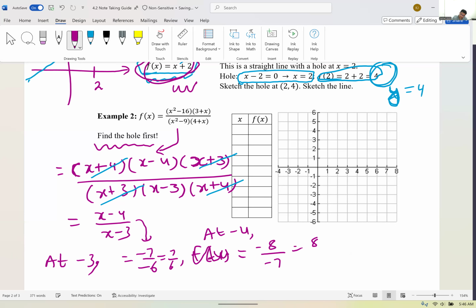So it becomes 8 over 7. Once again, these values come from here and here. 7 over 6 and 8 over 7.